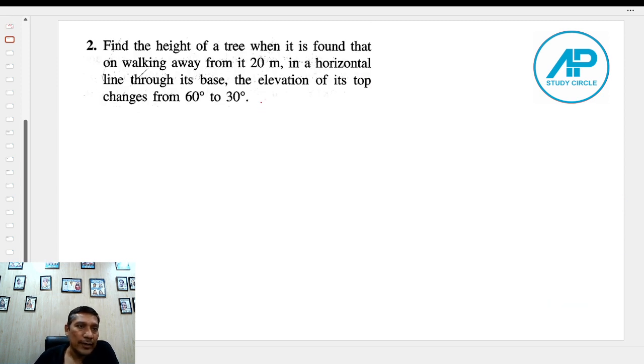Find the height of a tree when it is found that on walking away 20 meters in a horizontal line through its base, the elevation of the top changes from 60 to 30. Let us understand the question and try to make the diagram for this.